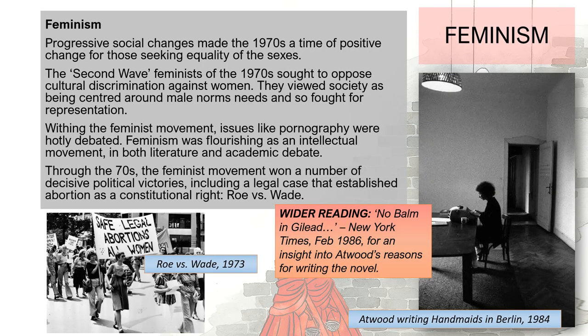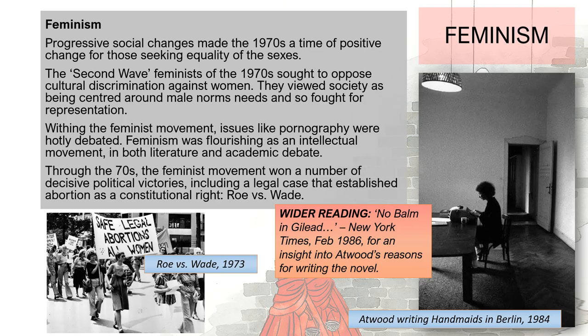Let's bring it right forward to within a lifetime of the present and to the 1970s. In 1970s American society, there were a great many progressive social changes, and it was a positive time for feminists, or for those generally seeking equality of the sexes and progressive change.